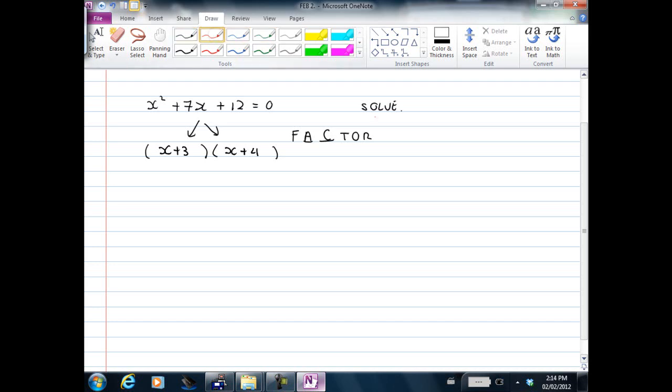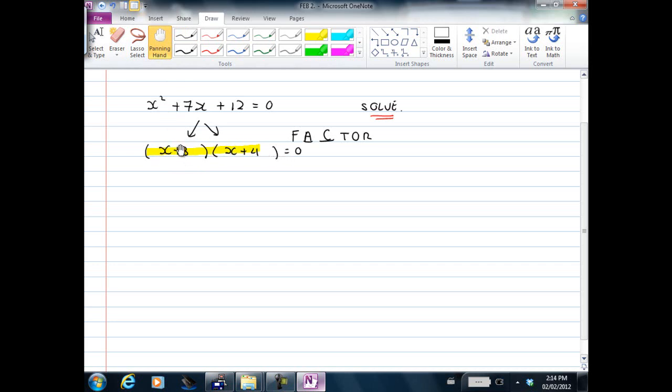Here's where a lot of kids get in trouble. They say, hey, this is your answer. This is not an answer. That's called factoring. Solving takes it one step further. So I'm going to say this equals 0. Would you agree that if this bracket was 0, I can take 0 times anything and it will give me 0?